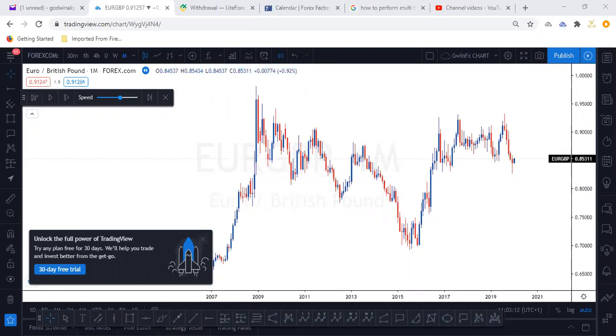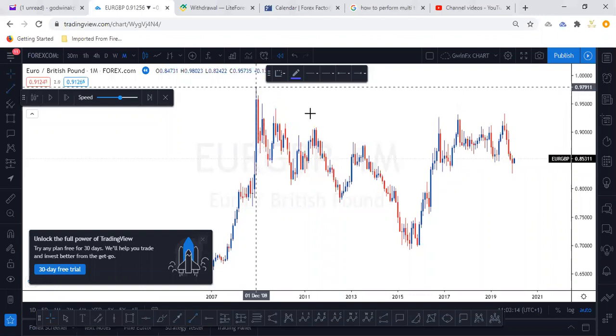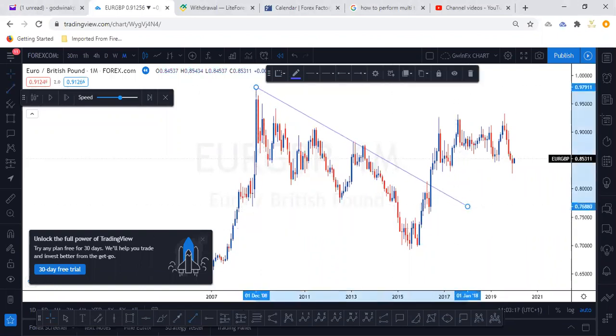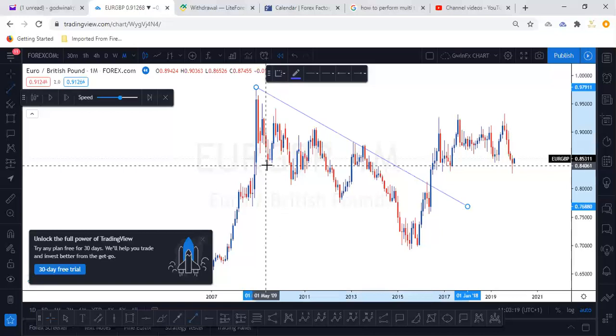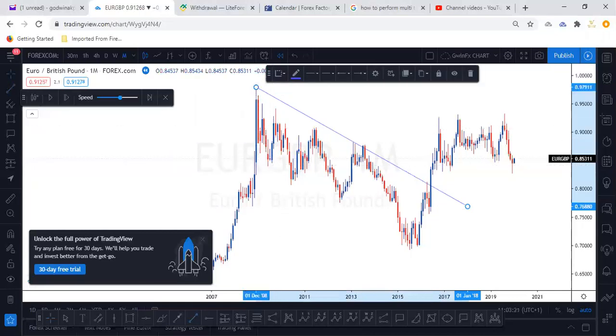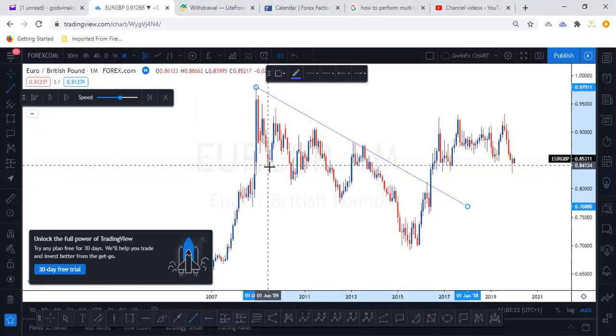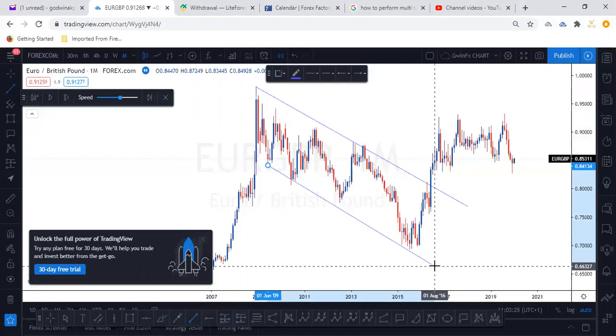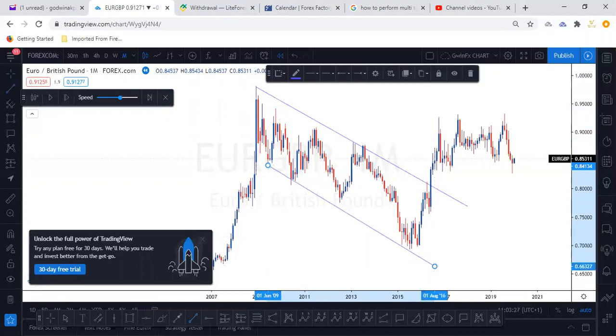Okay, first you want to identify where you are. Let's just do this quickly. What we could see here is some sort of expanding triangle, because here is not the same as here, so the difference from here is the same as here.